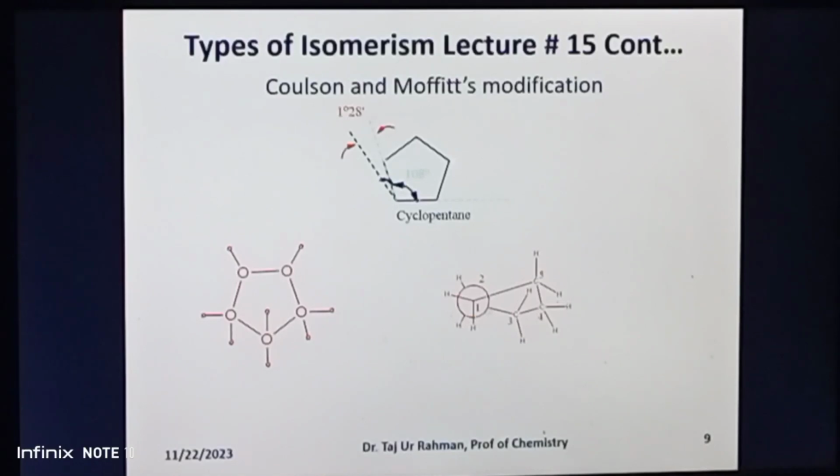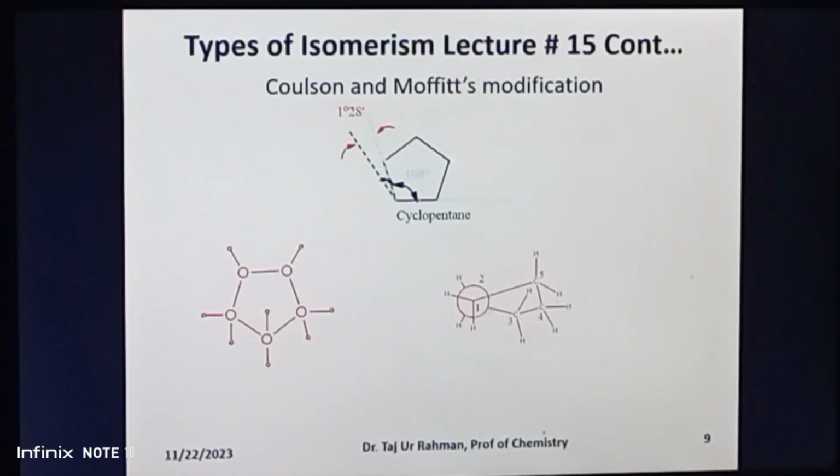Now look at these structures which indicate the planar structure and the Newman projection of cyclopentane. Here again the bond angle has been increased to 108 degree as compared to 60 degree in cyclopropane and 90 degree in cyclobutane.